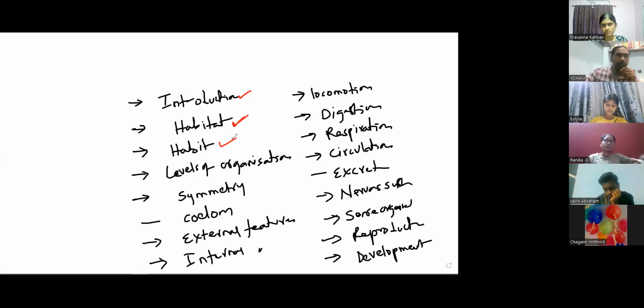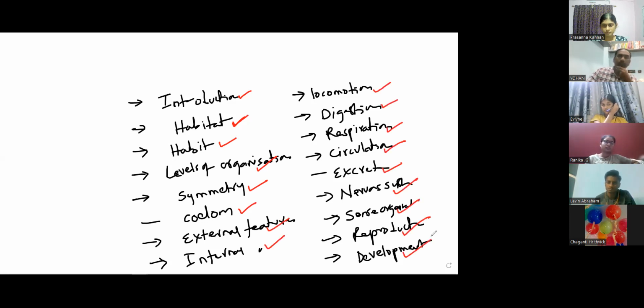Levels of organization: cellular, tissue, organ system. Symmetry, coelom. External, internal features. Then locomotion, digestion, respiration, circulation, excretion, nervous system, sense organs, reproduction, development.